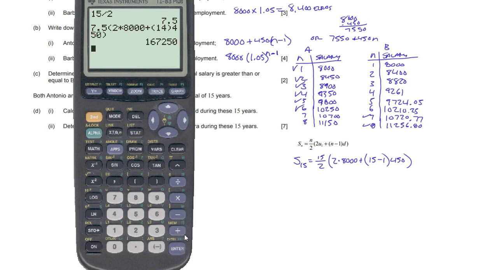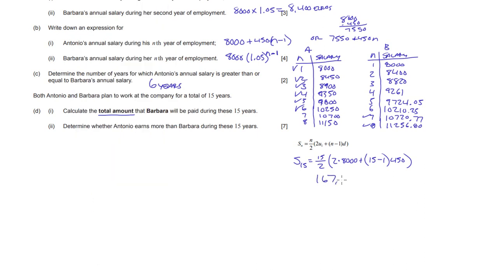Close our parentheses, and he makes 167,250 euros, the sum of his first 15 years, which we would then round to 167,000 euros.